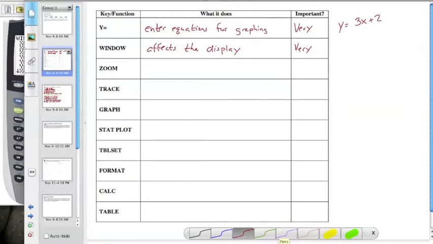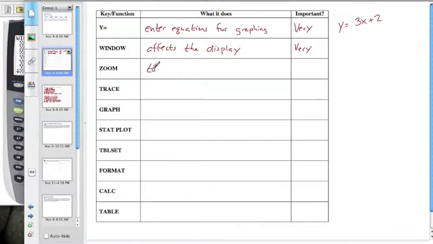Next button is the zoom, and this allows you to zoom in and out. The most important feature of it is it allows you to easily return to the standard window.